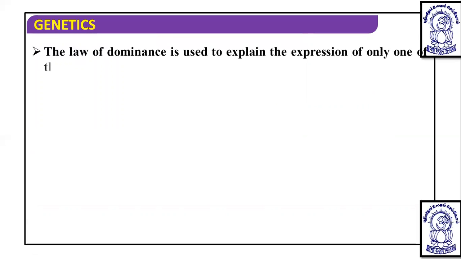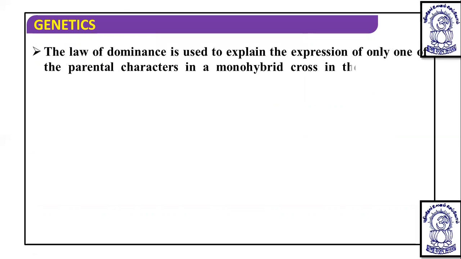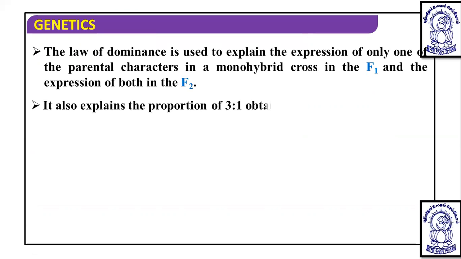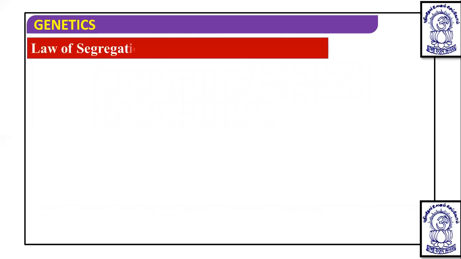The law of dominance is used to explain the expression of only one of the parental characters in a monohybrid cross, that is, capital T, tall, is expressed in F1, and the expression of both in F2. It also explains the proportion of 3:1 obtained in F2.